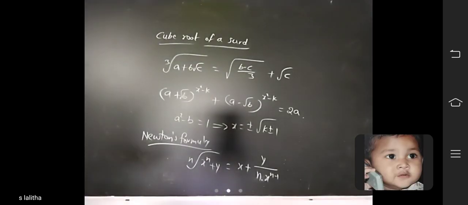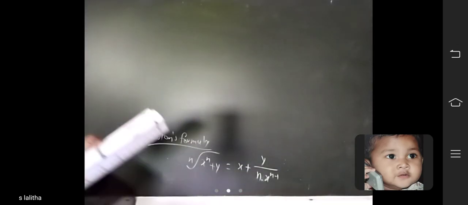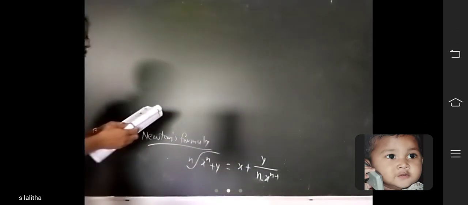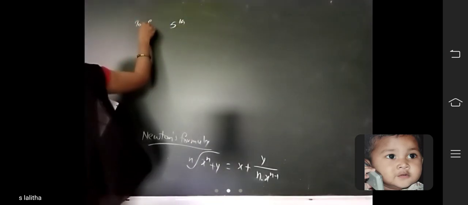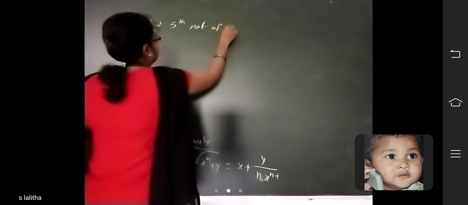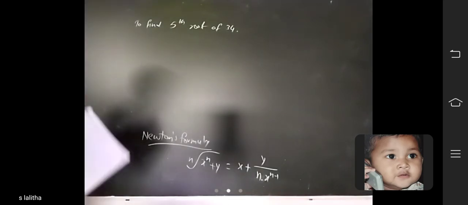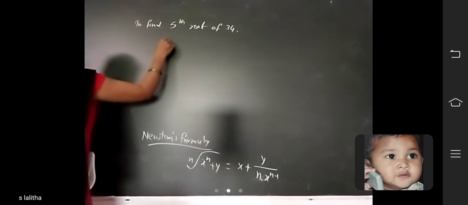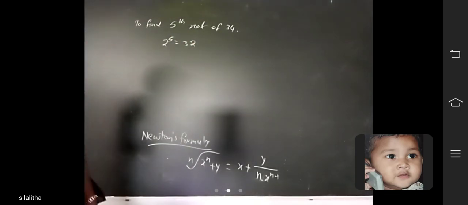Next, see the example for Newton's formula, children. So to find the fifth root of 34. Okay, we already know that 2 power 5 is equal to how much? 32.